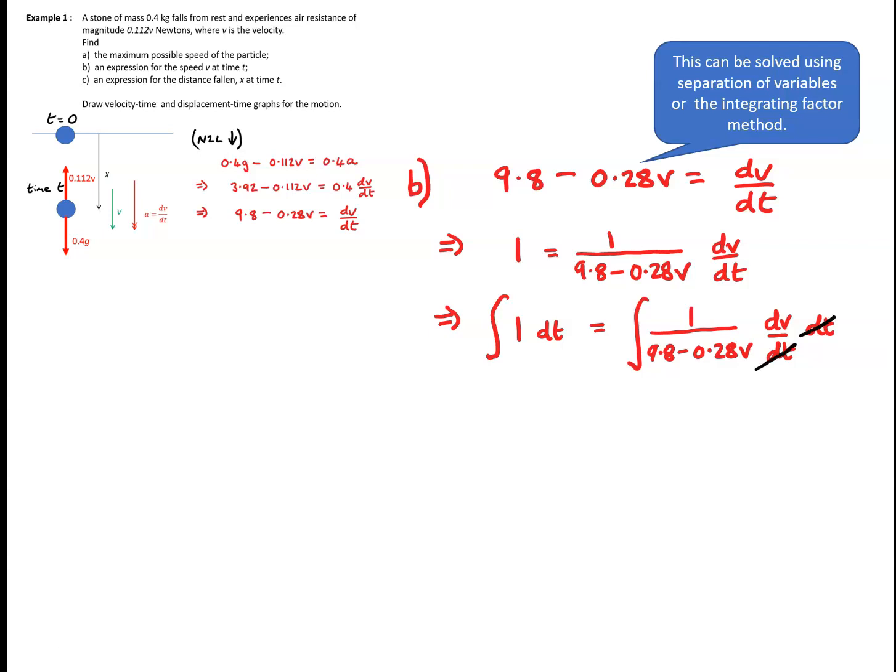But we know that that can also be thought of as the integral of 1 over 9.8 minus 0.28 V integrated with respect to V. Doing the integration then, the integral of 1 is just t plus c. The integral of 1 over 9.8 minus 0.28 V with respect to V is going to be 1 over minus 0.28 times the logarithm of 9.8 minus 0.28 V.